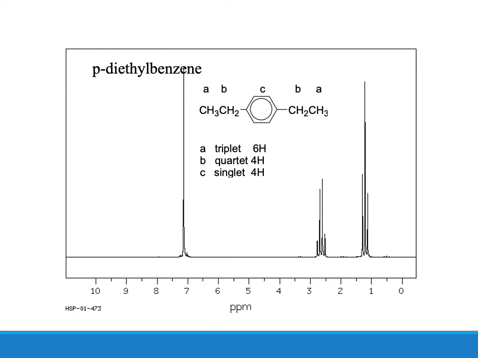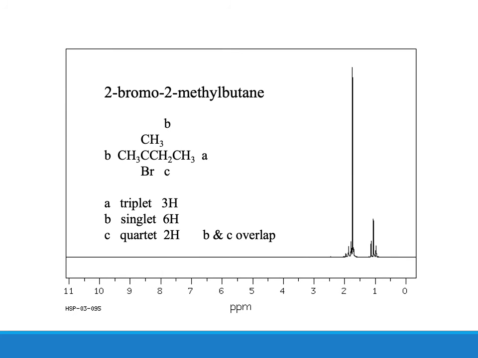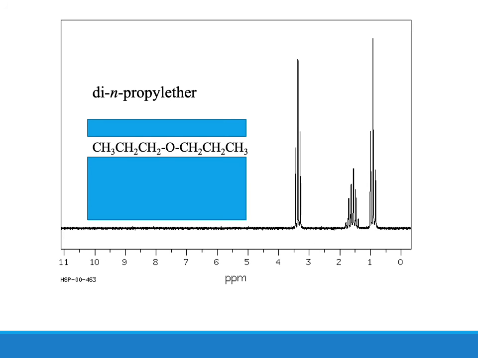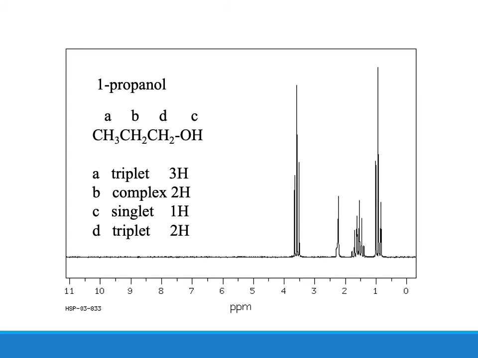And again, we have a triplet, quartet, and singlet for ethylbenzene, as you see, A, B, and C. And this is another example.